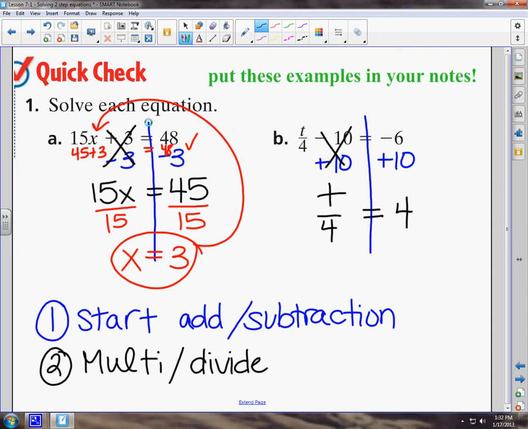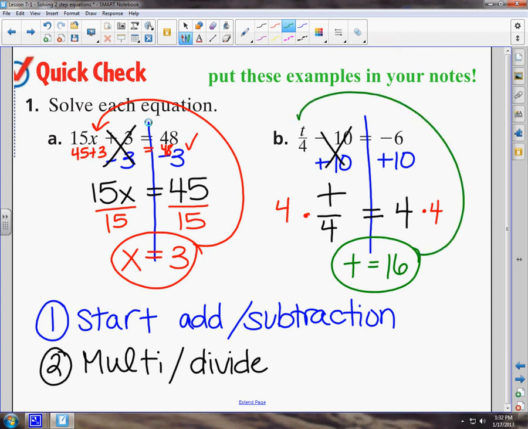This is division, so I'm going to multiply both sides by 4, which is the denominator, and that leaves me with my answer of 16. Try it: 16 divided by 4 is 4, minus 10 is negative 6. So that works.